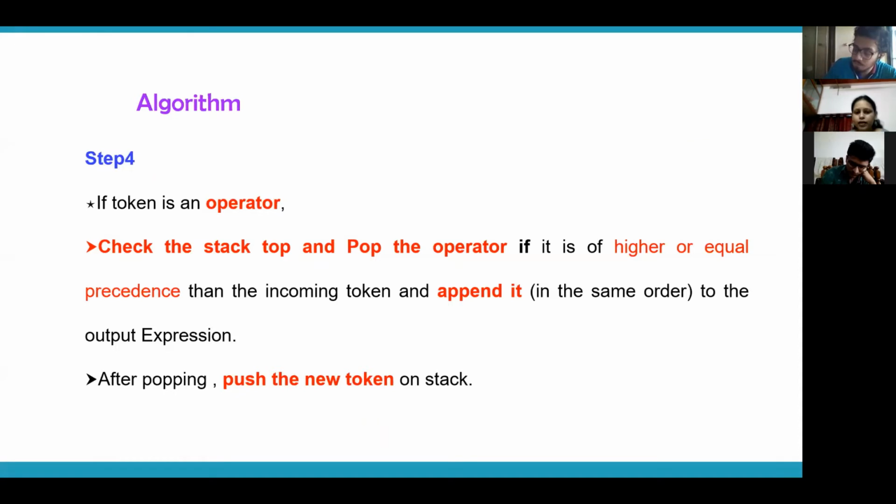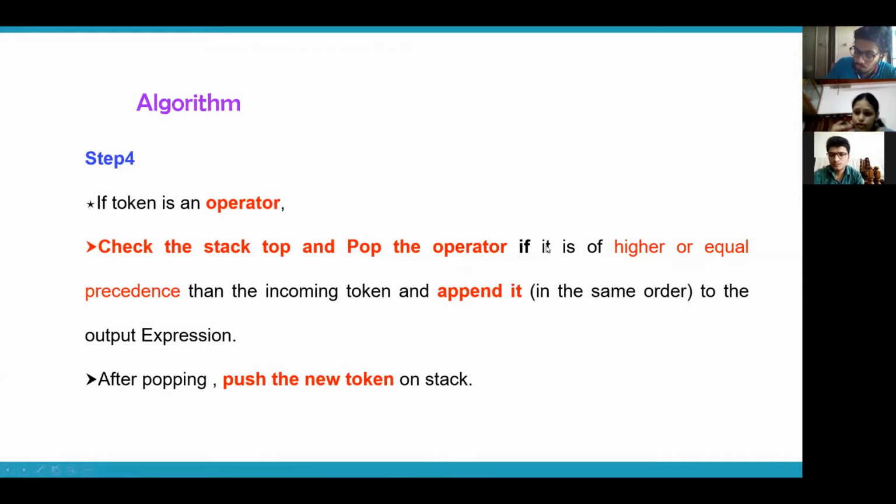Okay, what you'll do, you'll pop the operator if it is of higher or equal precedence than the incoming token. That means, think like this, the one who has come is the incoming token.